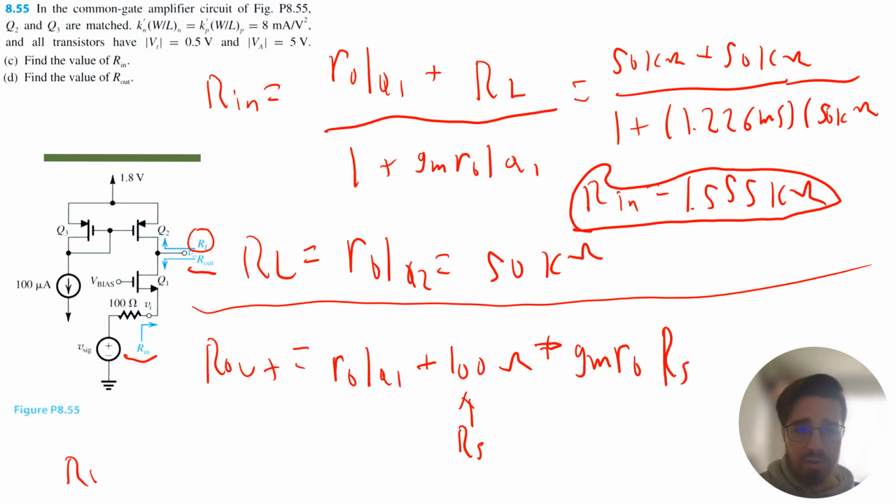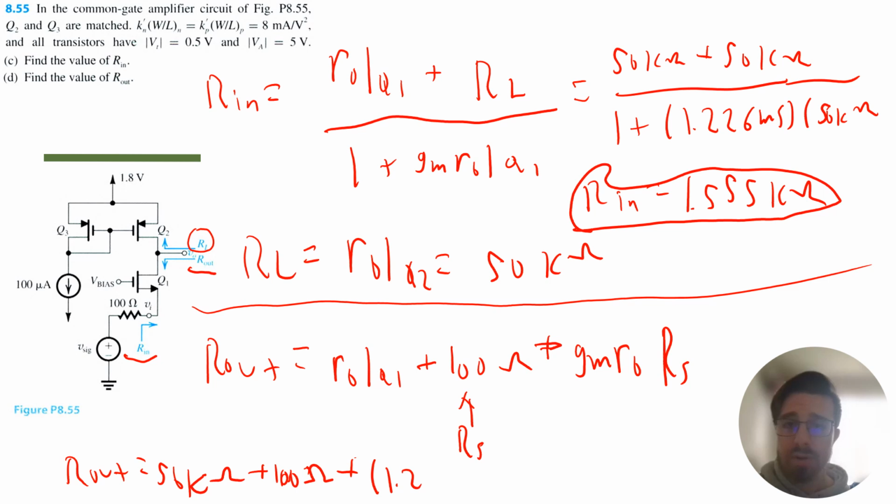So if I numerically solve for this, it would be 50 kilo ohms plus 100 ohms, plus 1.226 millisiemens times 50 kilo ohms times 100 ohms.